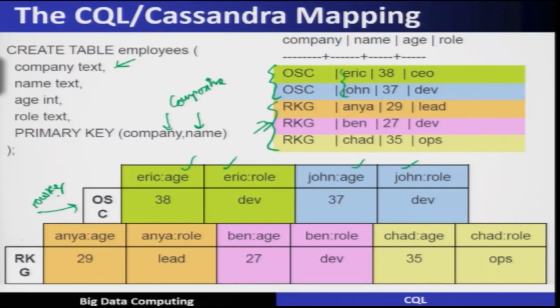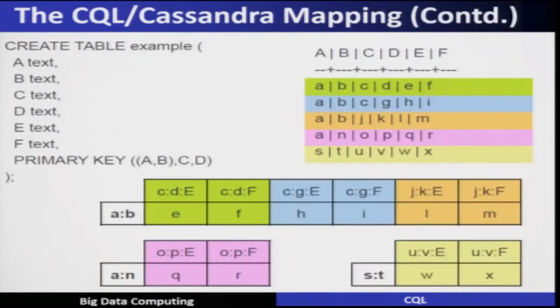Similarly, RKG is another row key, and it has the names Anya, Ben and Chad. Their age and role values are put into the different column values. This will be partitioned using the row key and stored in Cassandra. So this is the SQL to Cassandra internal mapping.